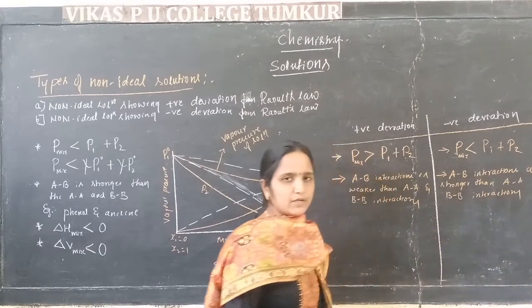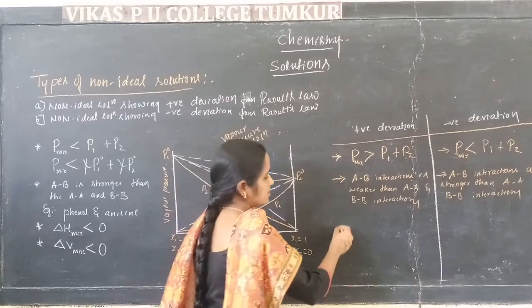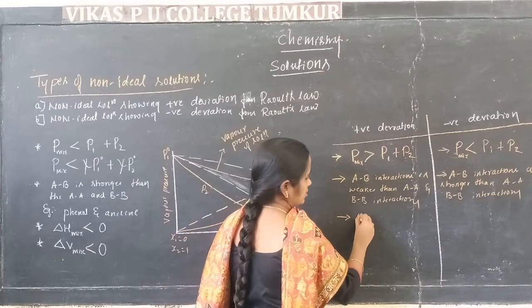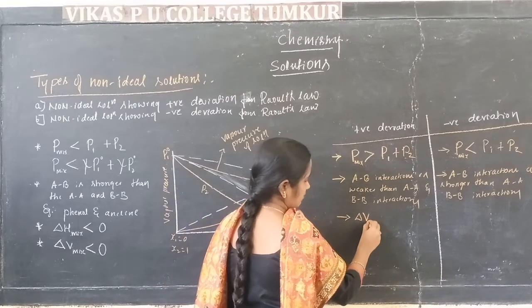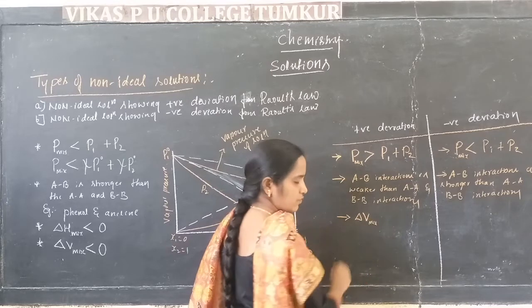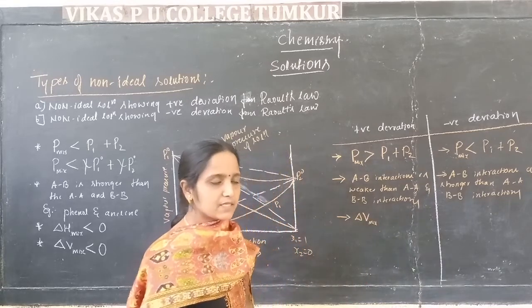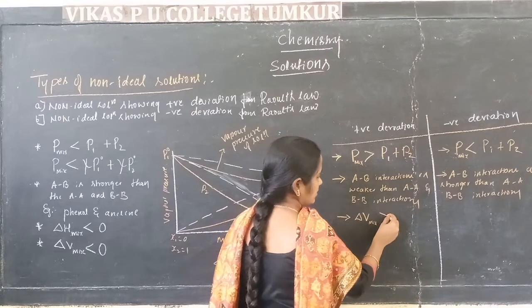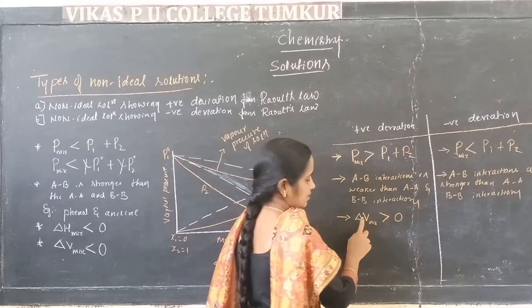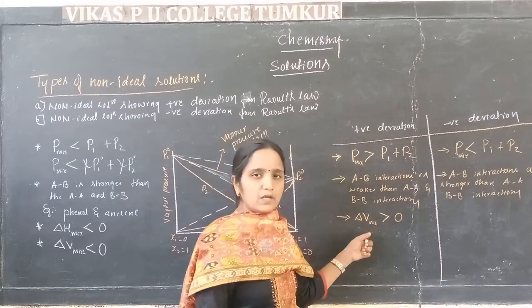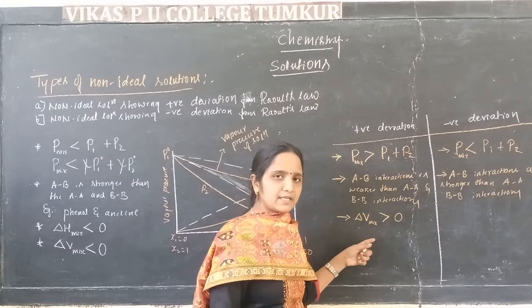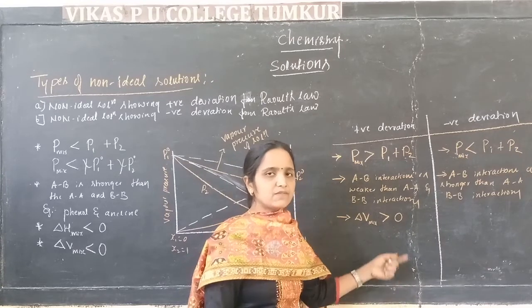The third point you should remember: in positive deviation, the change in volume of the mixture is greater than 0, meaning the volume of the mixture is greater than the sum of the volumes of the two components.